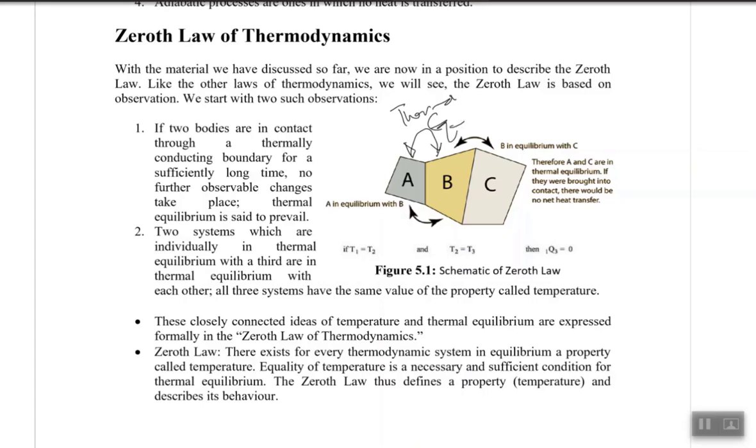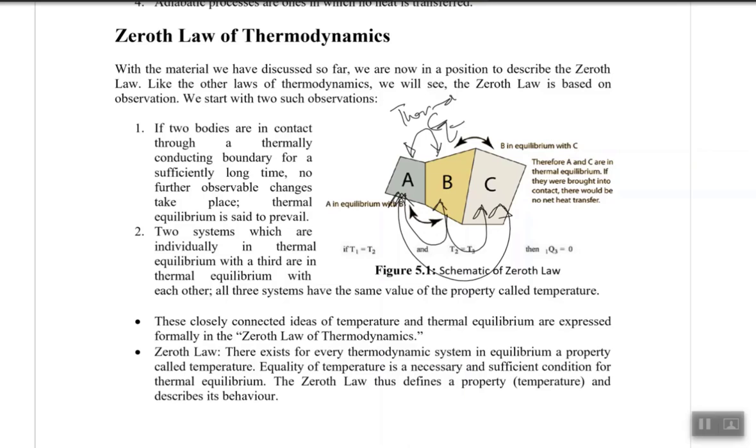The second observation: if a body A is in thermal equilibrium with body B, and body B is in thermal equilibrium with body C, that means A is in thermal equilibrium with C.